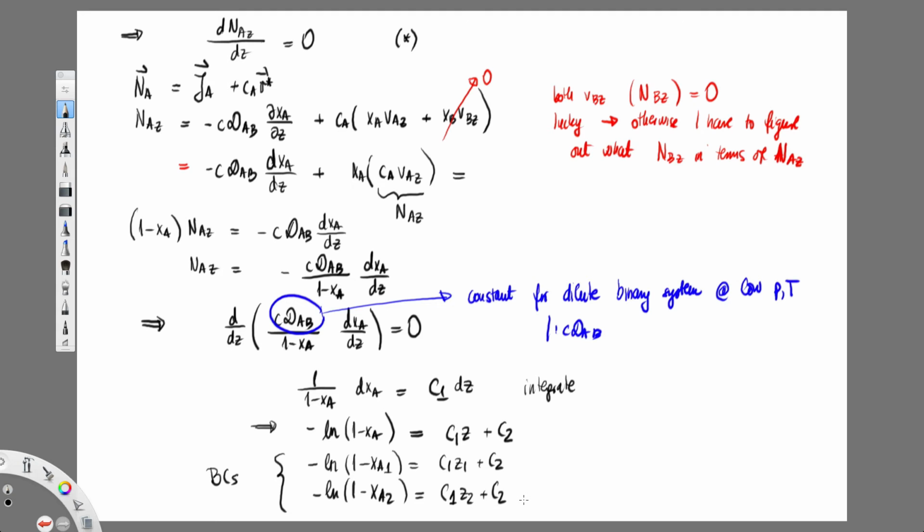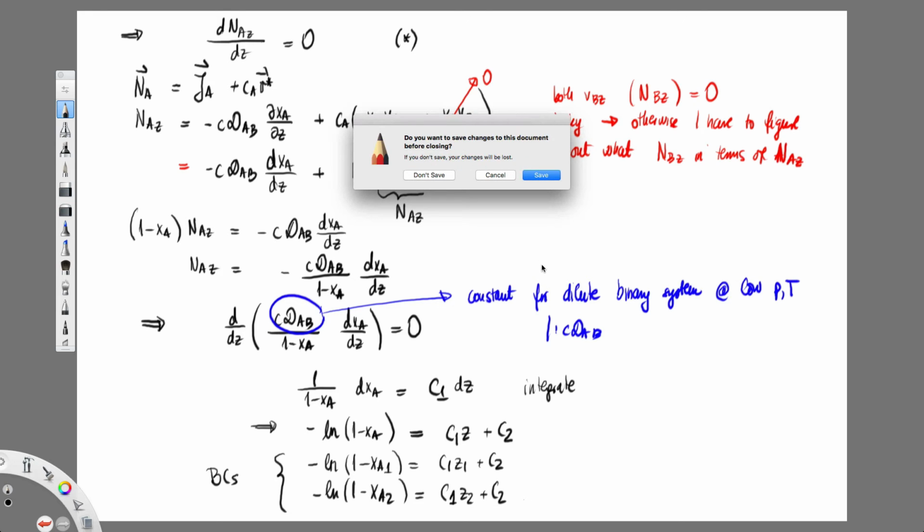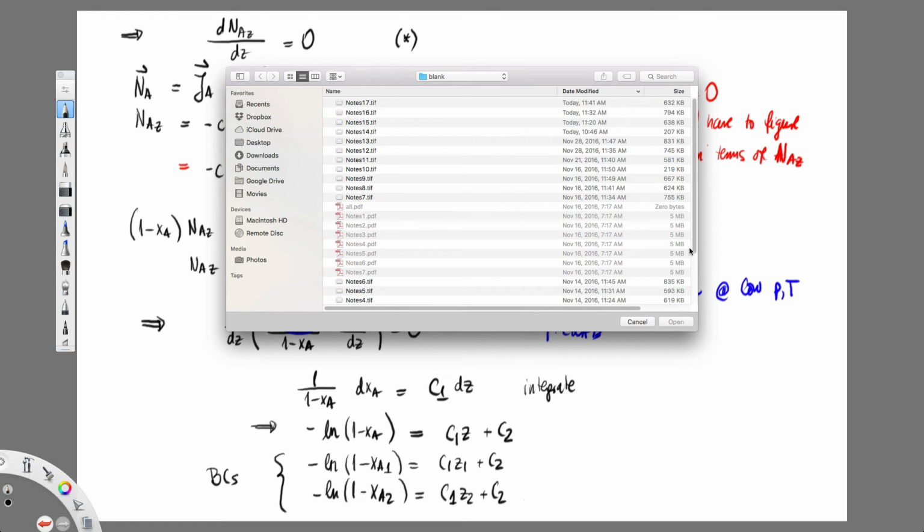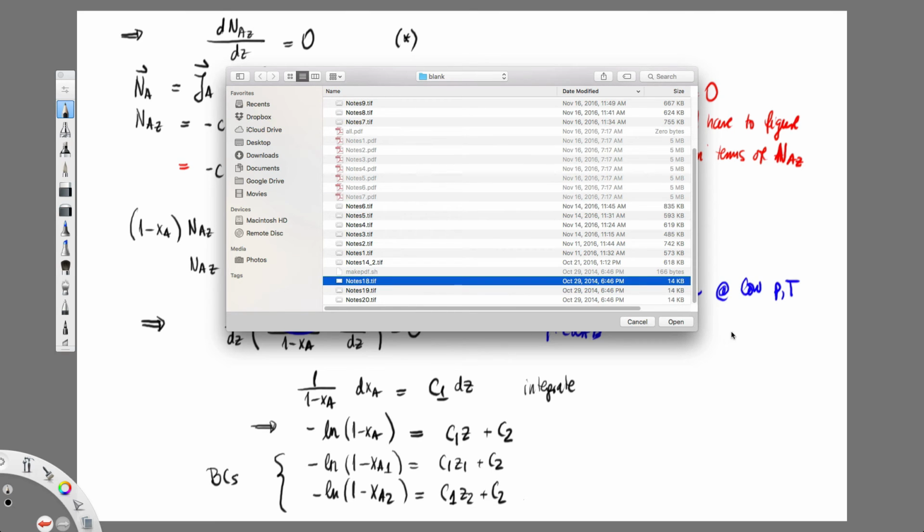I'm just going to state the solution. So C1 is minus 1 over Z2 minus Z1, ln of 1 minus XA2 over 1 minus XA1.